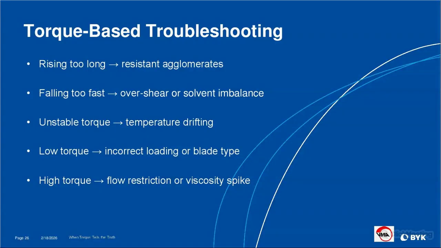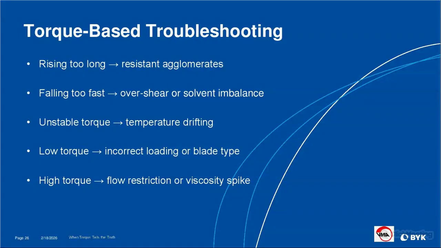If it falls too fast, we've either over sheared or we have thinned the material. Maybe we put in some extra liquid that's causing the viscosity to drop. If it's unstable, materials can react differently from a temperature standpoint. That can cause it to go up and down.